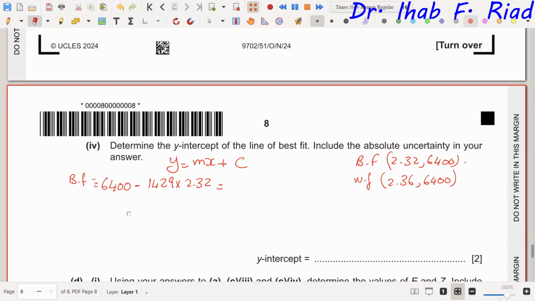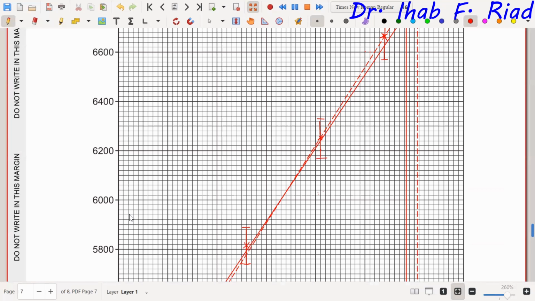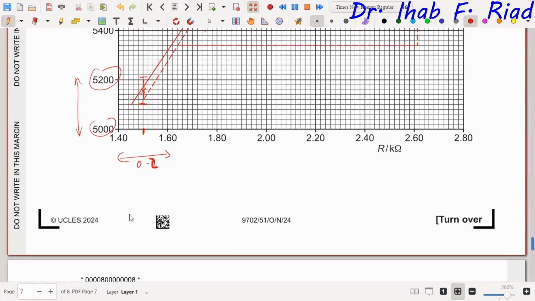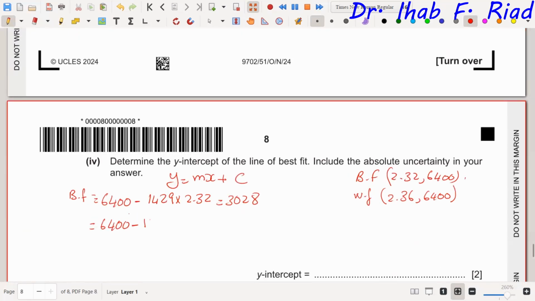Okay. Then we do the same thing for the worst fit. 6400 minus the worst fit gradient, which is 1390. Yes. And what is the point x? 2.36.